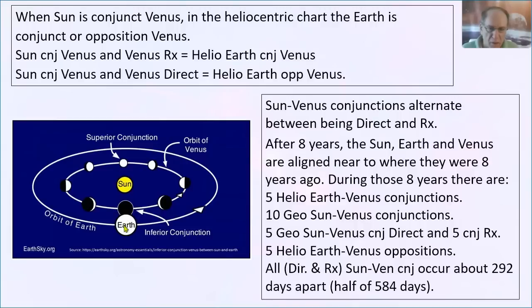When Sun is conjunct Venus and Venus is retrograde at this inferior conjunction, heliocentrically there's an Earth-Venus conjunction. At the other kind, the other polarity situation where Venus is moving fast in a superior conjunction, Venus and Earth are in opposition to each other.